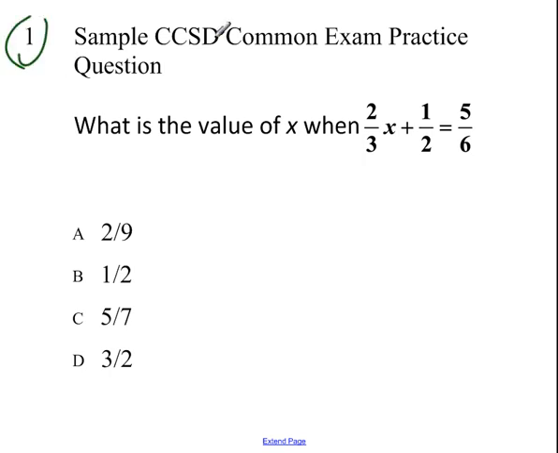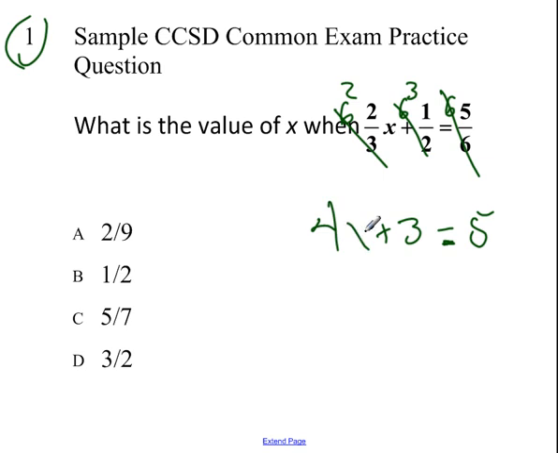Alright, this is exactly what it's going to look like on your semester exam. This is the one they've used before, and hey, look at that. It's a 2, a 3, and a 6 again. So, put my 6 here, my 6 here, and my 6 here. We know that's going to cancel out and just leave my 5. 6 divided by 2 is 3. 3 times 1 makes 3. 6 divided by 3 is 2, and 2 times 2 makes 4x.